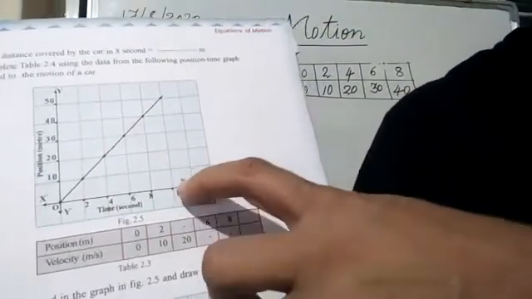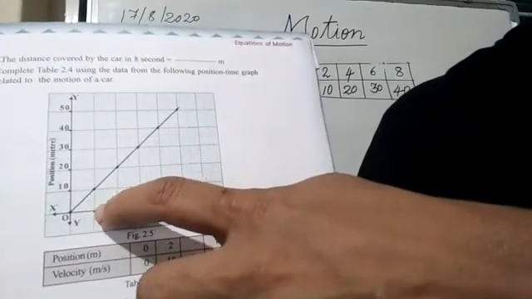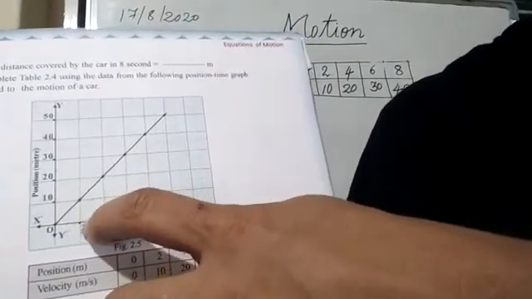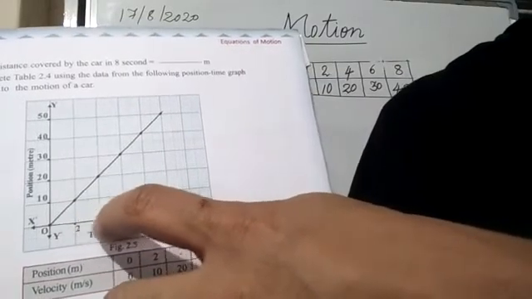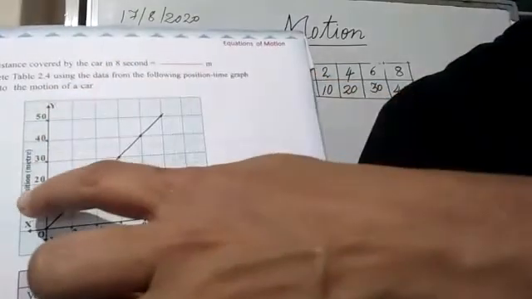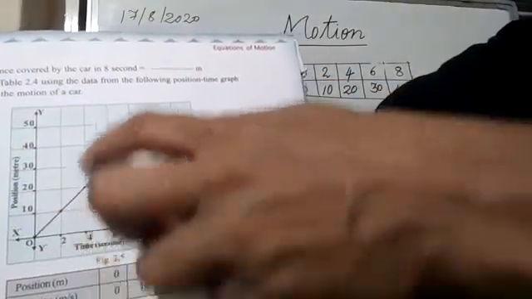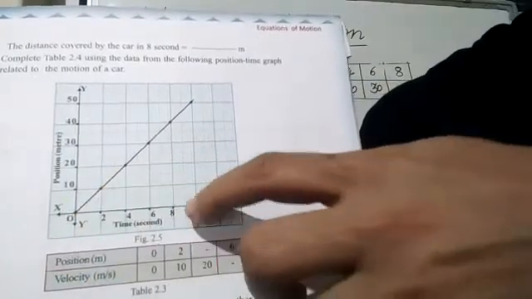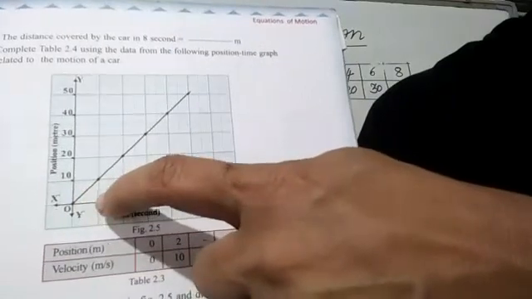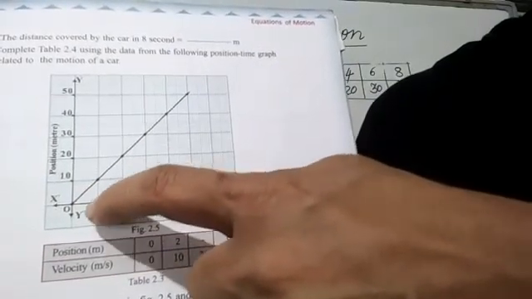These numbers, 2, 4, 6, 8, and here 10, 20, 30, 40, are marked on the darker lines of the graph paper. These darker lines, these points only, I will be marking on the board, and you have to understand that these represent each unit.